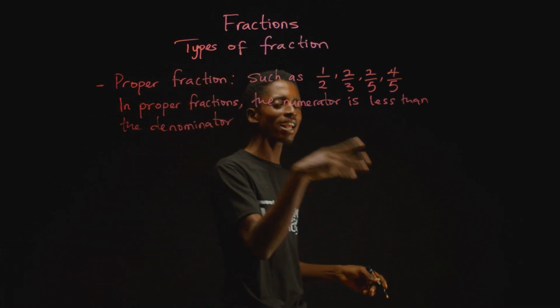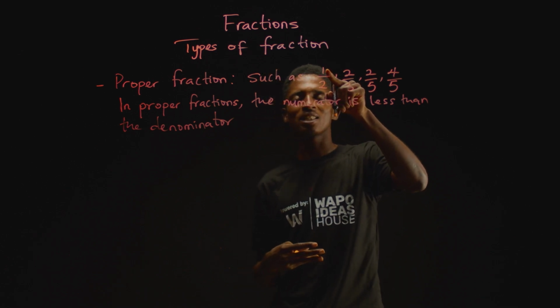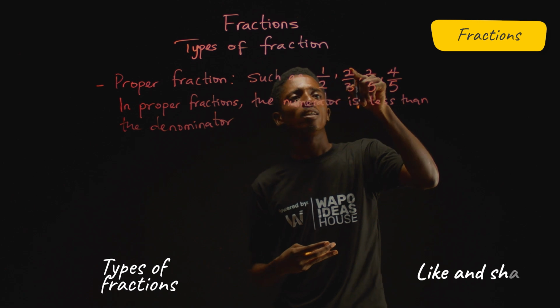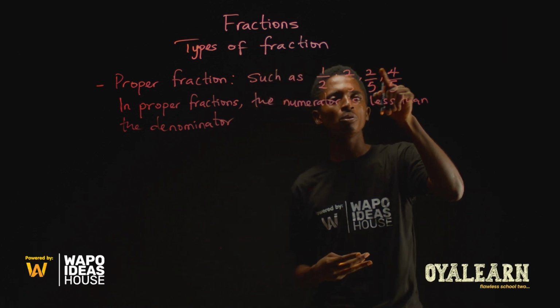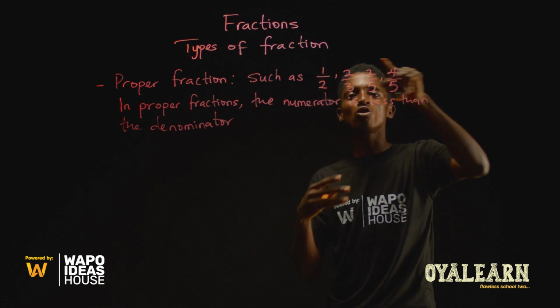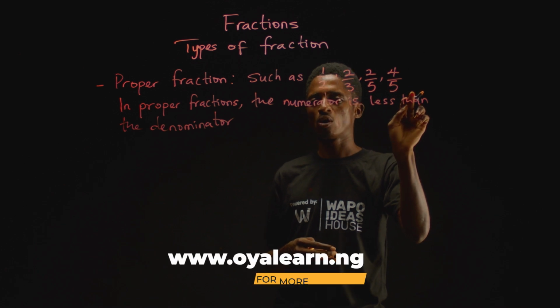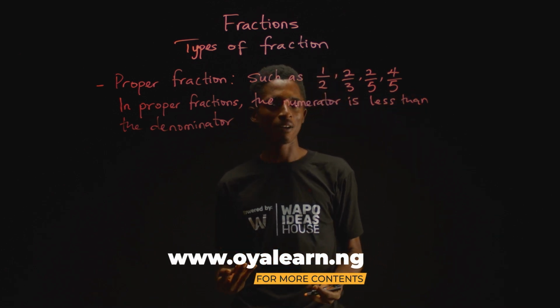So when you see any fraction at all, such that the numerator, that is the number written on top of this dividing line, in the case of this 1, 2, 2, and 4, when this numerator is less than the denominator, such kind of a fraction is known as a proper fraction.